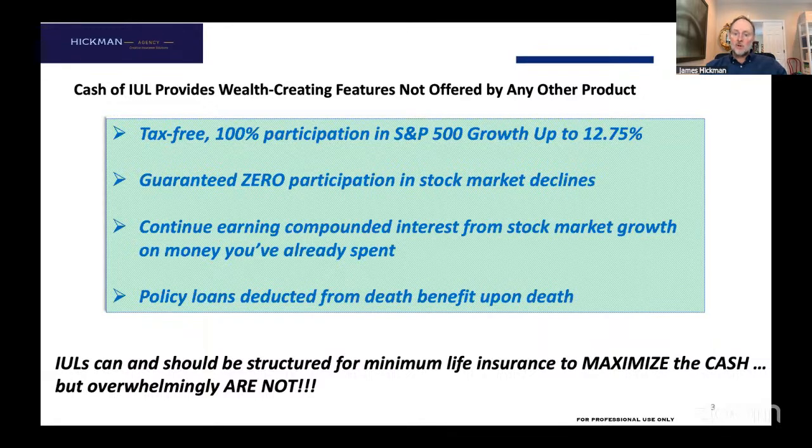We talked about a couple of products that solve for the conundrum, if you will: I don't want to sit on the sideline while the market continues to be strong year after year, but I'm really afraid of that 60% drop. How do I solve for that? I'm going to make an important statement up front.